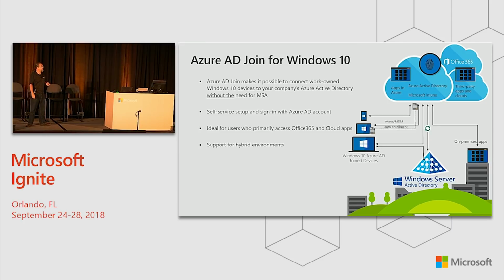Azure AD join for the enterprise will also occur during this process, in which the machine will be joined to your Azure AD tenant, and you will be able to take advantage of Azure AD in terms of enterprise state roaming, conditional access, and all of the other wonderful things that come with Azure AD and the cloud.